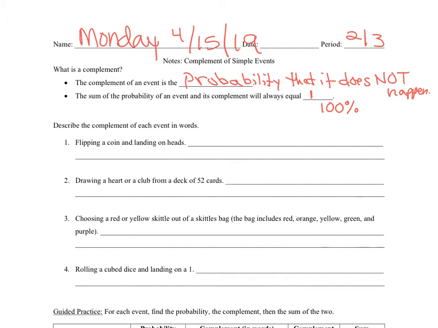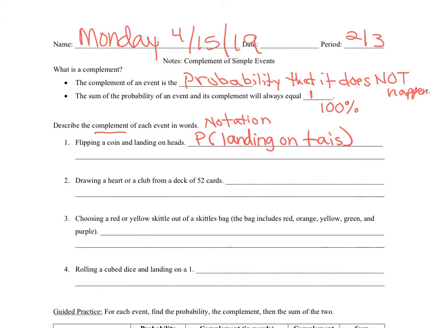So the complement of each event, describe it in words. So you're doing the notation. Okay, you're going to do the notation. Flipping a coin and landing on heads. So the probability of landing on the opposite of heads would be landing on tails.